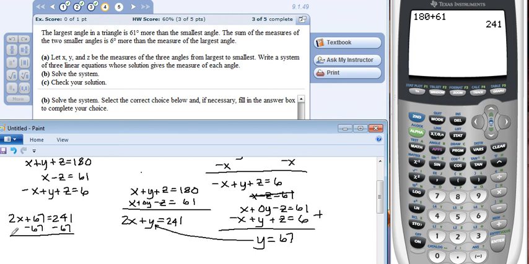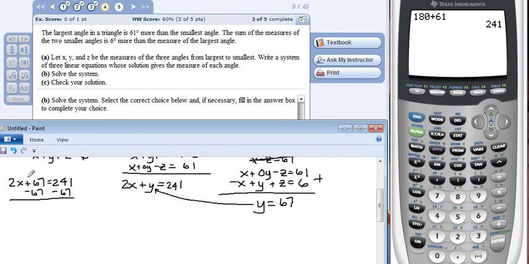I can't tell you how many times I've had to start over in matrices. And we probably will. Okay, so now I'm going to use my calculator. 241 minus 67 is 174. And divide both sides by 2.